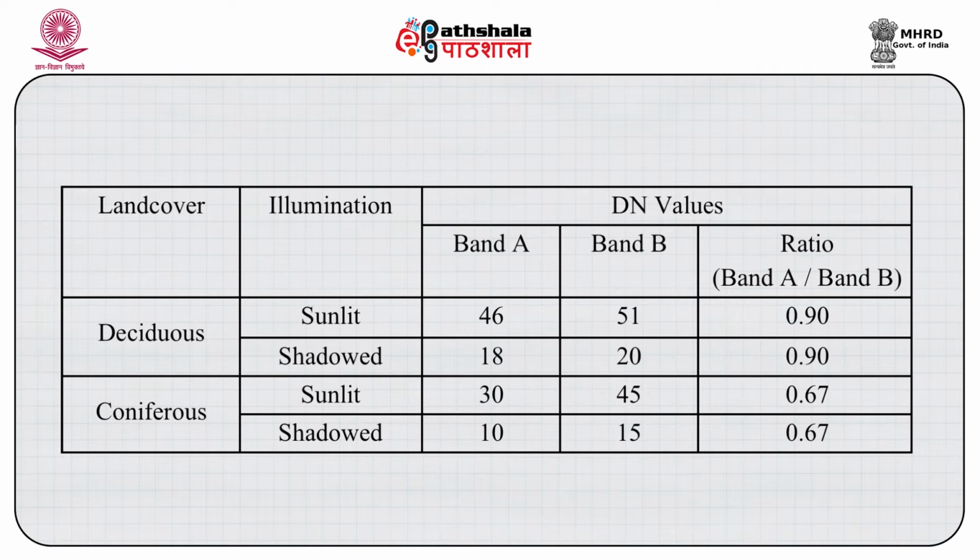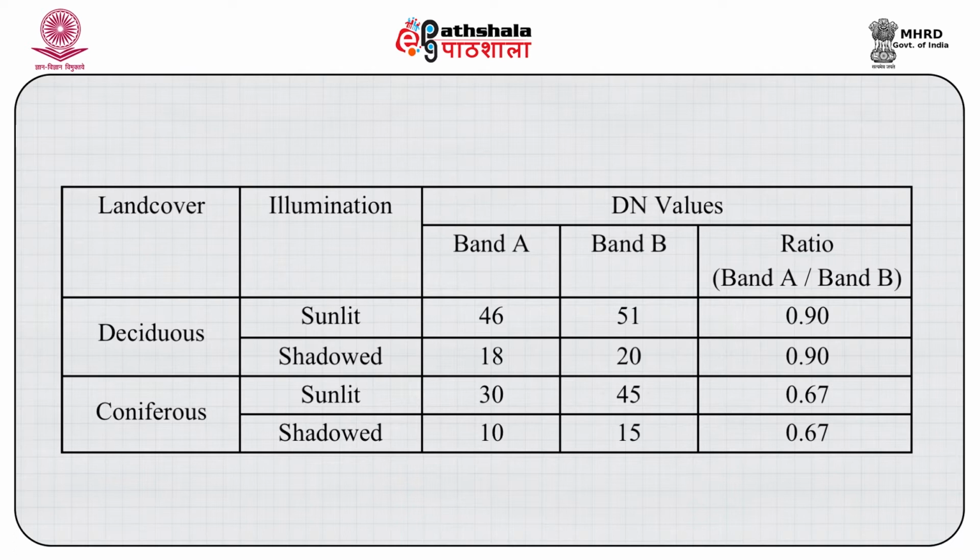In the shadowed area for coniferous trees we have a DN value in band A as 10, whereas in band B the DN value is 15. Now, since they are very close to each other, 45 for sunlit coniferous in band B, and 46 and 51 in bands A and B for deciduous trees, it is very likely that a remote sensing analyst may identify both of them as the same feature, whereas it is not true.